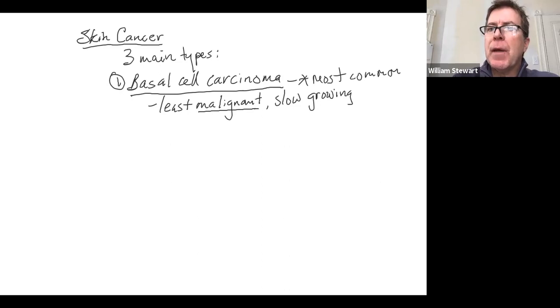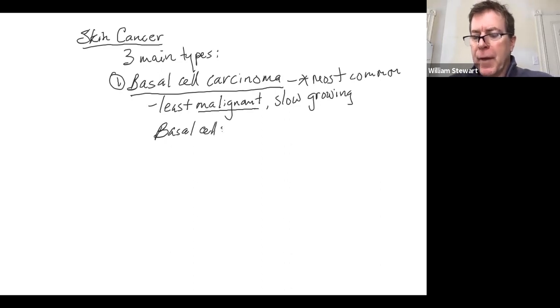Here's what happens during that basal cell carcinoma. The basal cells multiply and start to go deeper in the layers of the skin. That's all cancer is really, an uncontrolled replication of cells, an uncontrolled multiplication of cells.